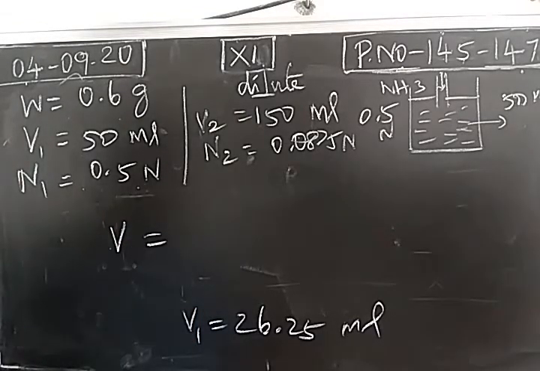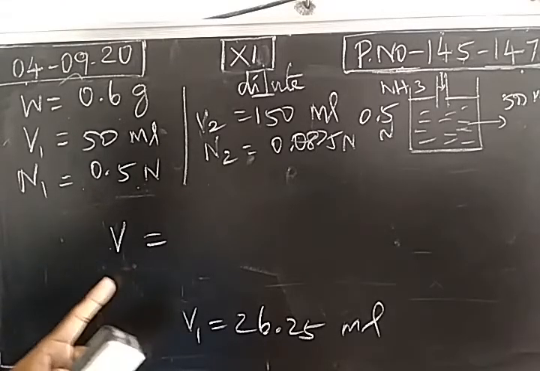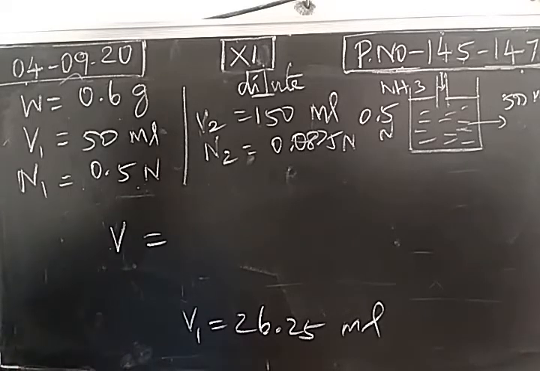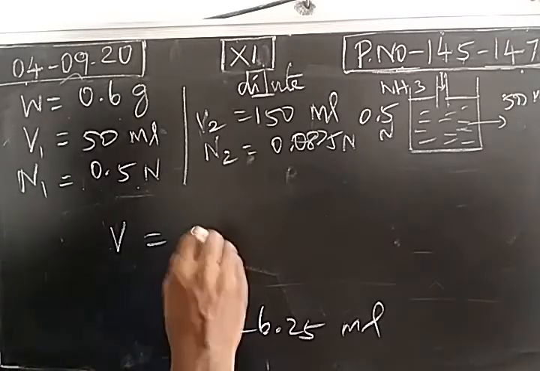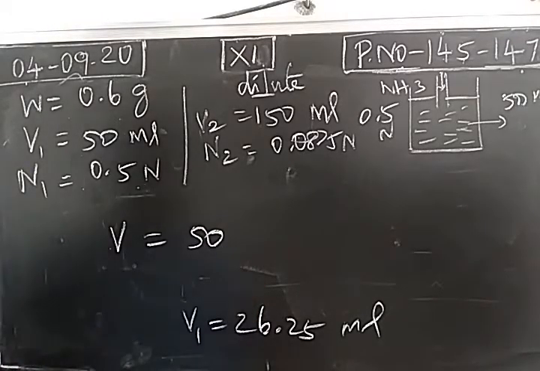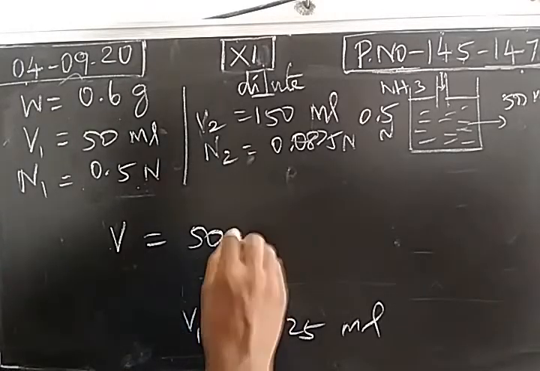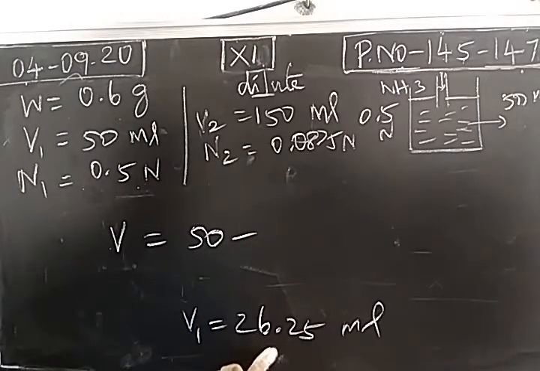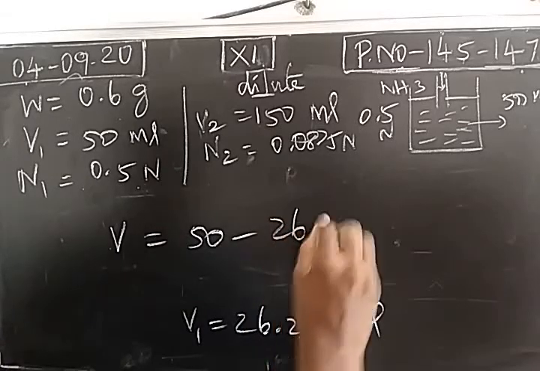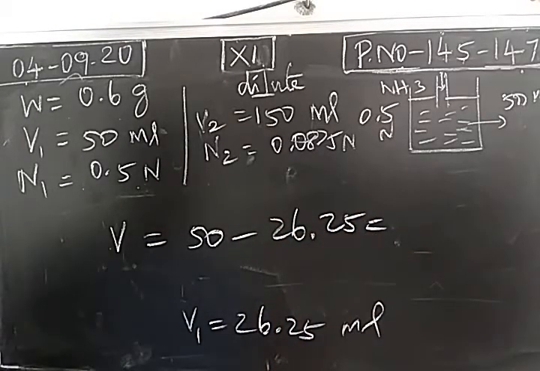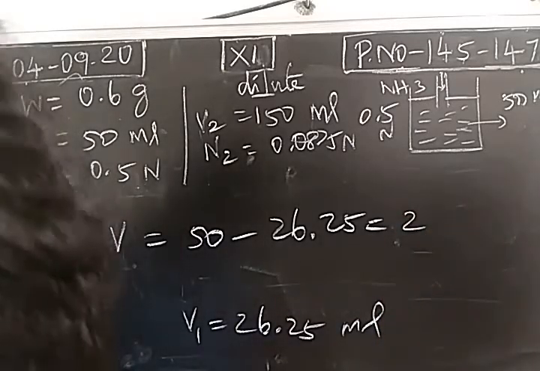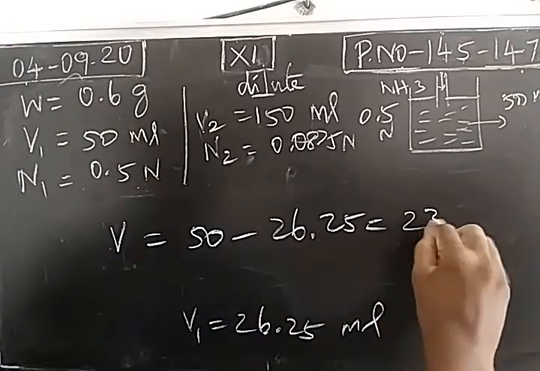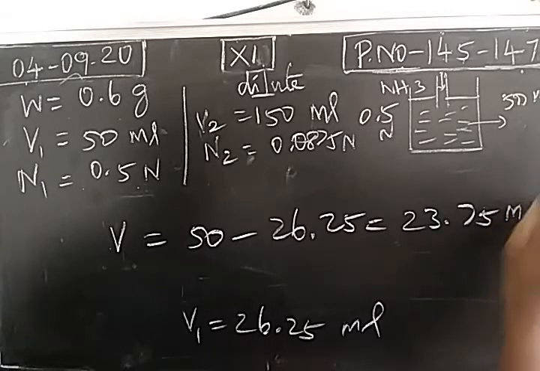So capital V is equal to what? Volume of acid. Okay. The volume of acid used by ammonia is equal to the initial volume 50 minus the remaining unreacted acid 26.25. So how much volume of sulfuric acid is consumed by ammonia? 23.75 ml.